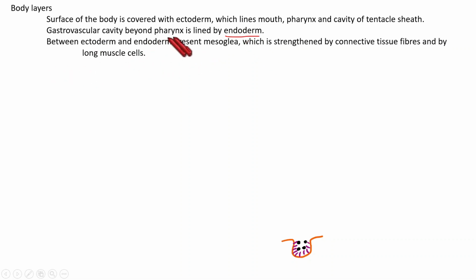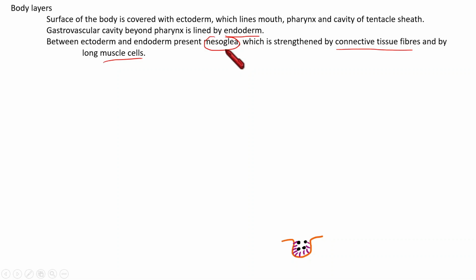Between the ectoderm and endoderm, there is a mesoglea, and here this mesoglea is a cellular type. That means it consists of so many cells: connective tissue cells, connective tissue fiber cells, and long muscle cells are also present. Because of the presence of these connective tissue fibers and muscle cells in the mesoglea, it is strengthened.